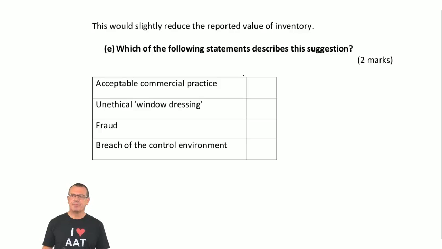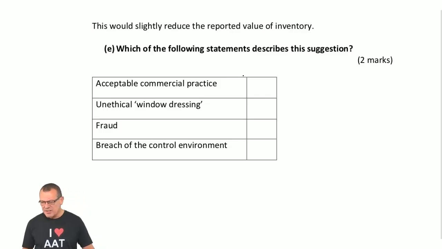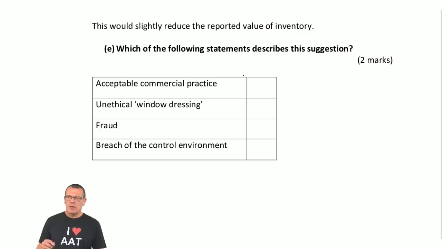Is it fraud? Well, technically, is it fraud? Because we're not changing any figures, and we're not hiding anything massively that is going to cause a huge discrepancy in the stock figures. There's a delay, and this delay is stopping things happening. So I don't think there's any fraud there.